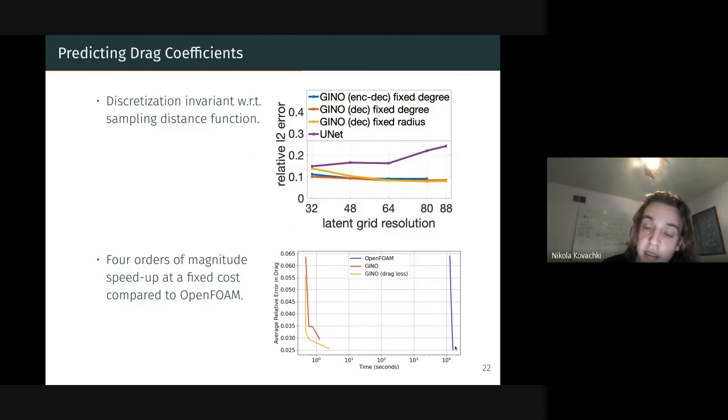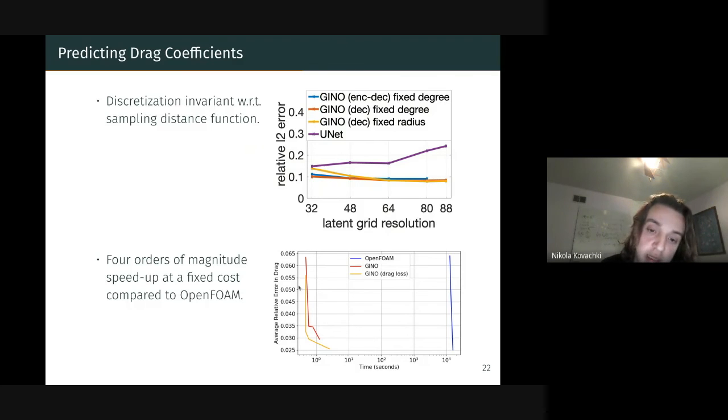So here, basically, because it's an iterative solver, which solves the RANS equations, you can go back and trace what drag coefficient you had at each iteration of this solver. And so you can compute the error before convergence and how many iterations you've needed to do for the solver to actually get to such an error.